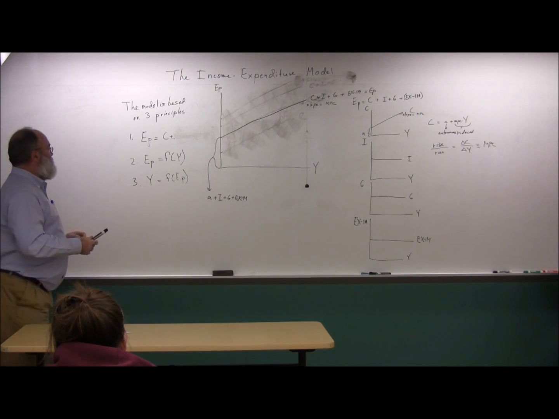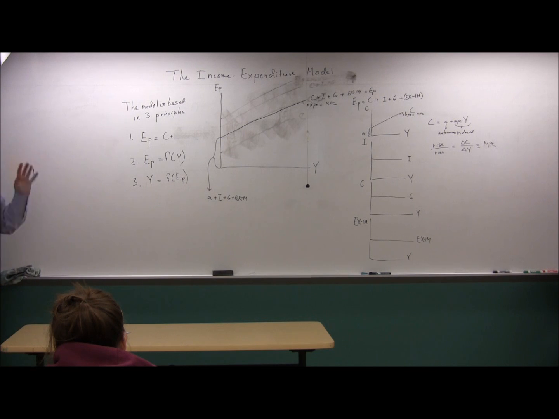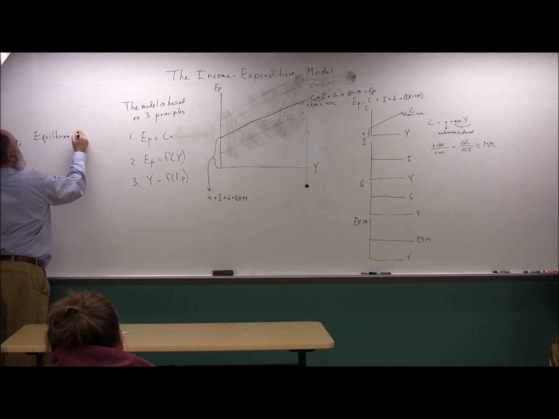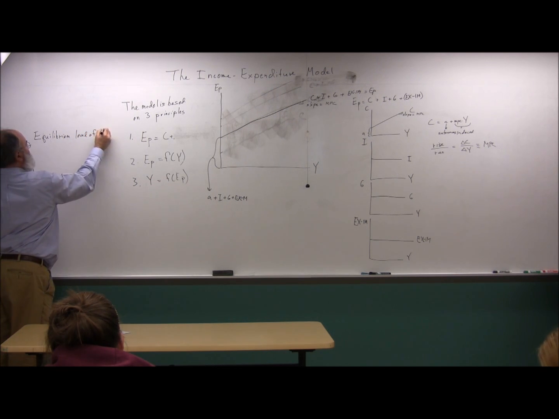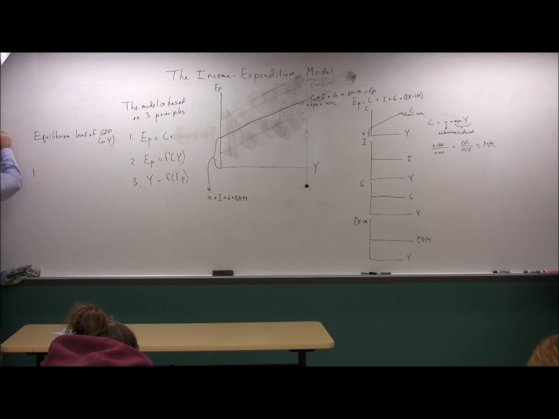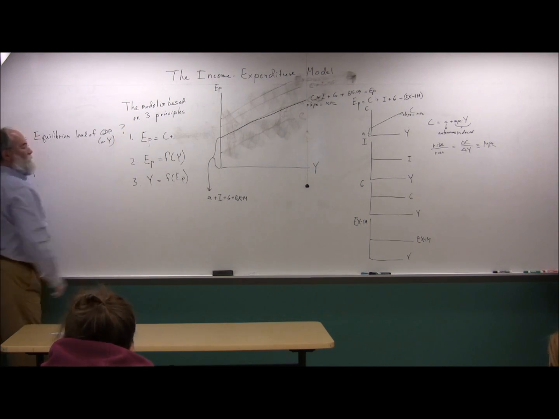All right, now, the whole point of this model is to identify the equilibrium level of GDP, or Y. We call it Y on the graph. Okay? Where is equilibrium?